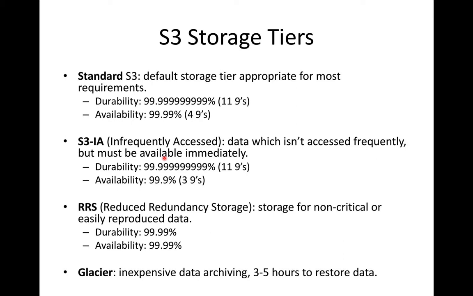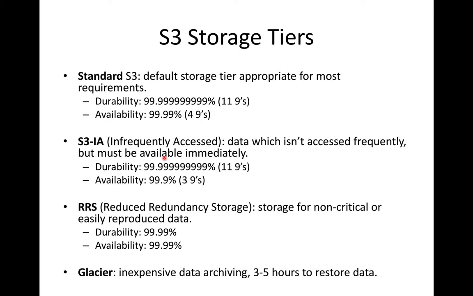And then finally, the last storage tier is really a special storage tier. This is an archiving tier called Glacier. And this is by far the cheapest place to store data in AWS. It's designed basically for long-term data backup.